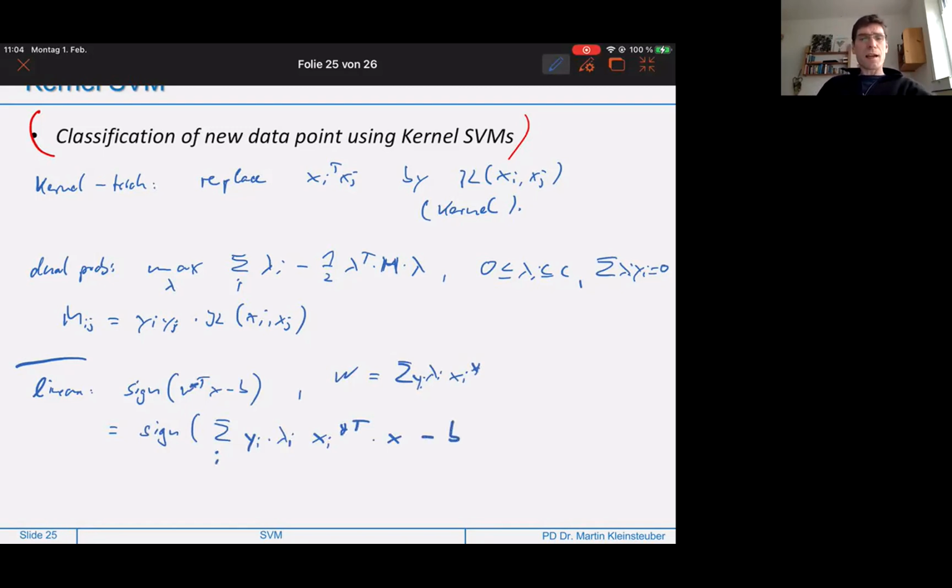We'll put the b aside, but it will be the same trick as before. And this can be replaced by a kernel k(xi, x) for the new data point. So you can compute the sign here.